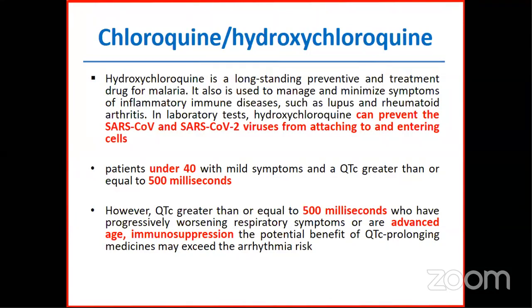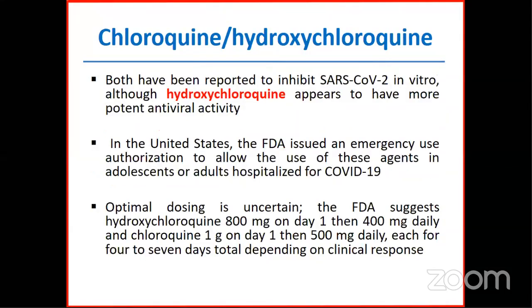But if you have a comorbid patient and advanced age, and they are in mild phase, and you are suspecting this patient will deteriorate maybe because they are immunosuppressed or immunocompromised, I think it's wise to start hydroxychloroquine with monitoring of the QT. Both of them were effective, but as I mentioned, hydroxychloroquine appears to have more potent antiviral activity.